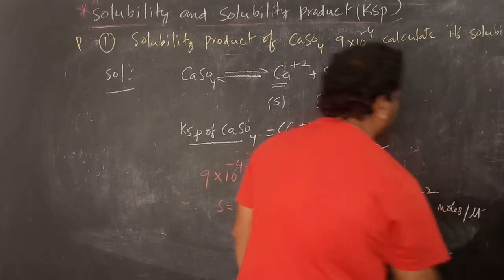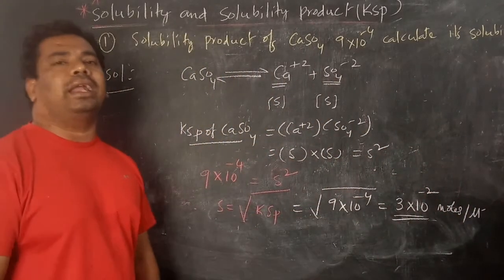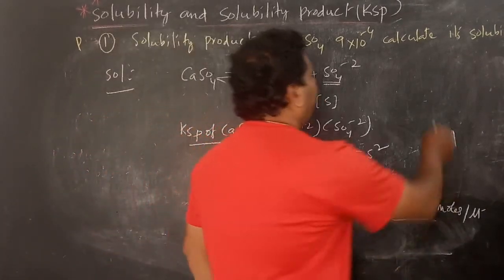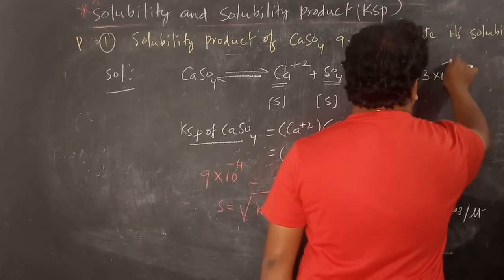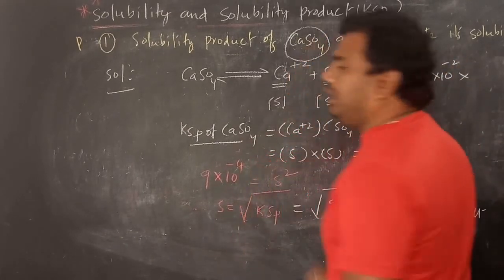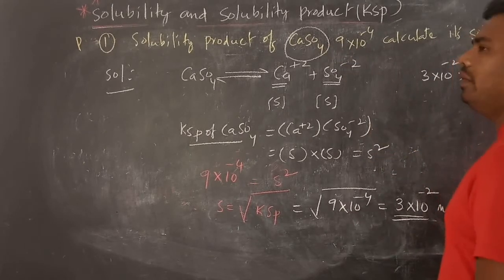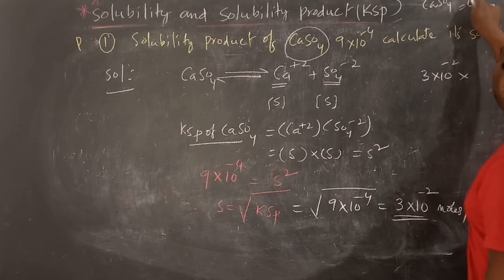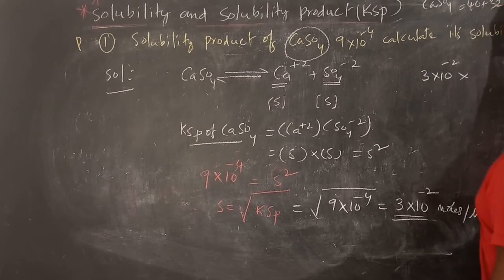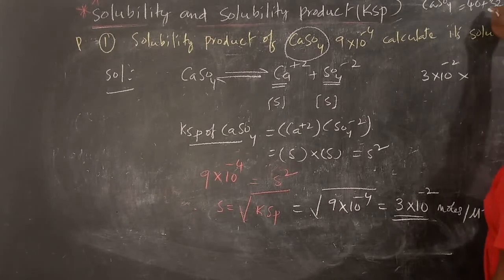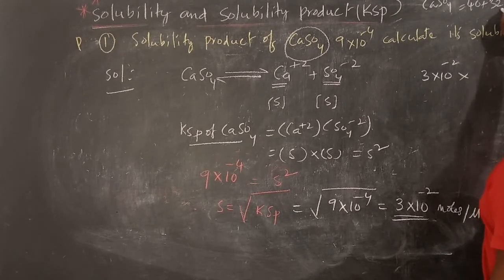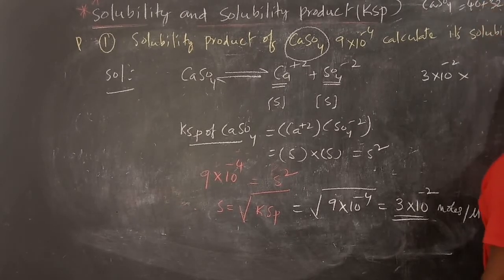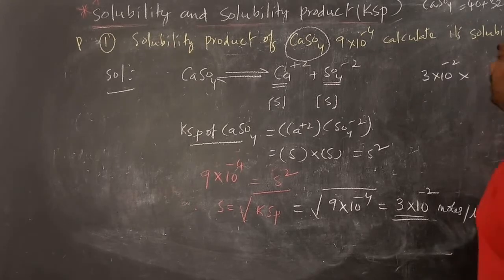You can also find it in gram per liter. For that, multiply 3 into 10 power minus 2 by the molecular weight of CaSO4. The molecular weight of CaSO4 is 40 plus 32 plus 64, which is 136.